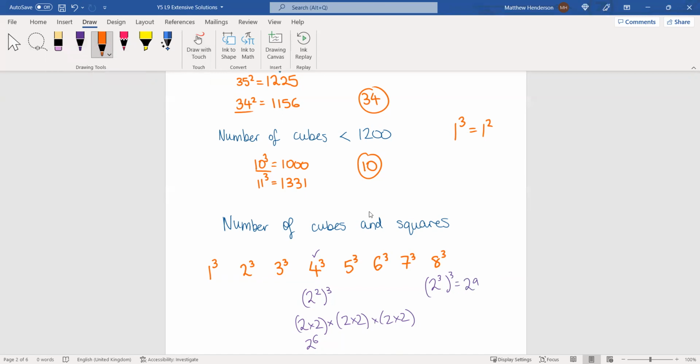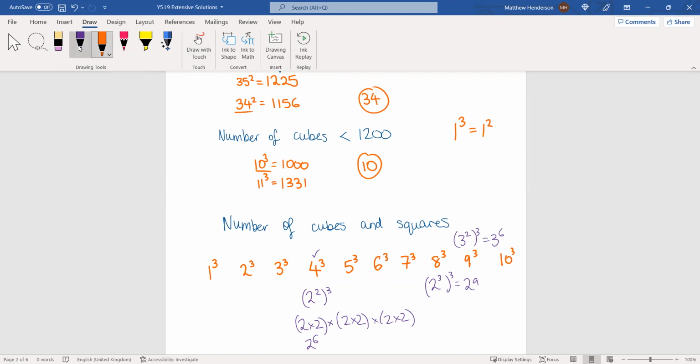We've got a couple more to check. 9 cubed I can express as 3 squared to the power of 3, which if we multiply those powers, we get 3 to the power of 6, which again is a square number. And lastly, we've got 10 cubed, which has an odd power, so it can't be square too.